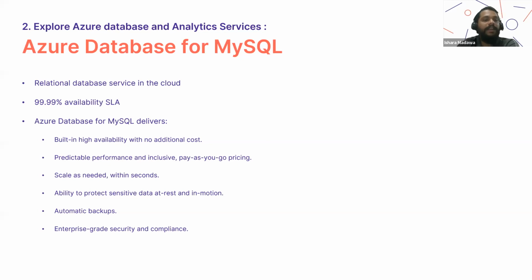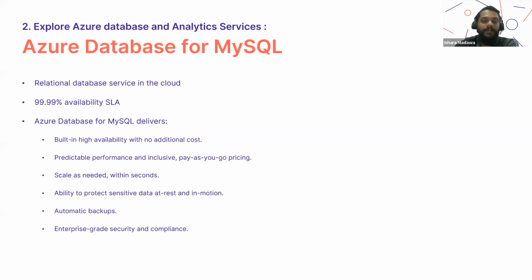And also, again, we can migrate SQL Server and MySQL data with minimal downtime using this same migration service, and these are the main features related to the MySQL database.